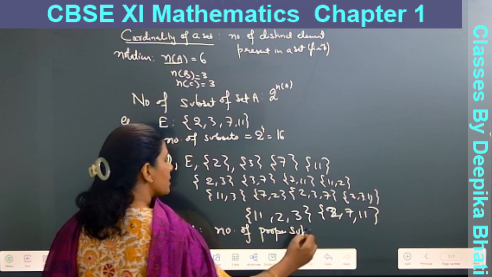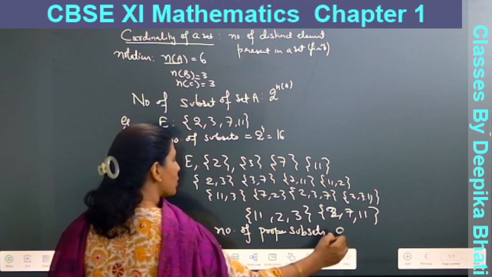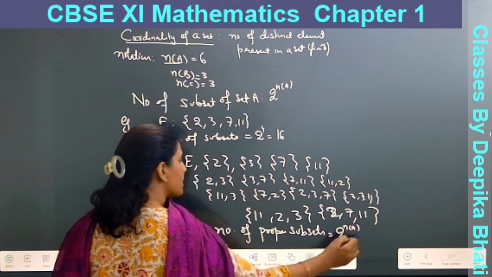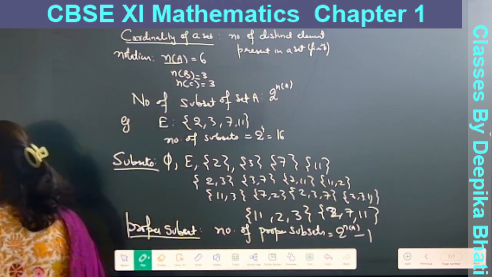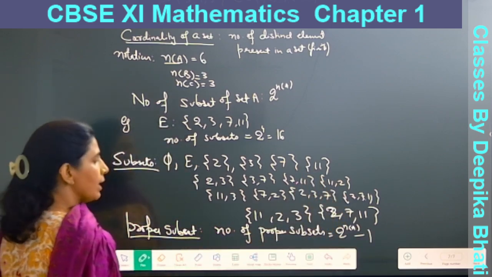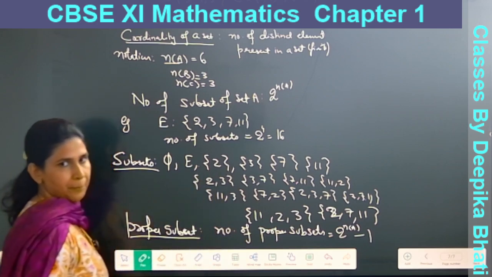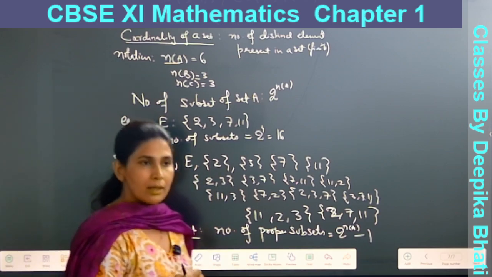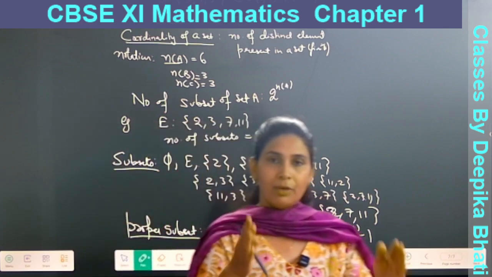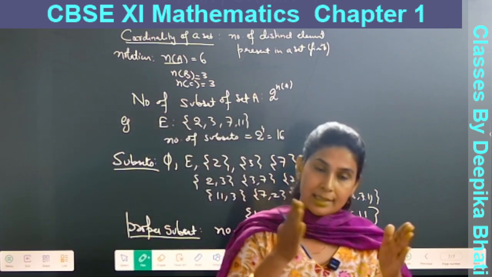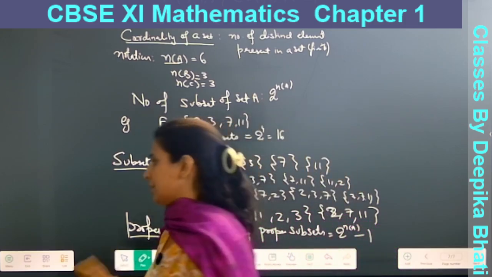Number of proper subsets: out of the total, I need to remove one. Which one am I removing? The set itself. Whenever we talk about proper subsets, we are not supposed to take the set itself as a subset.